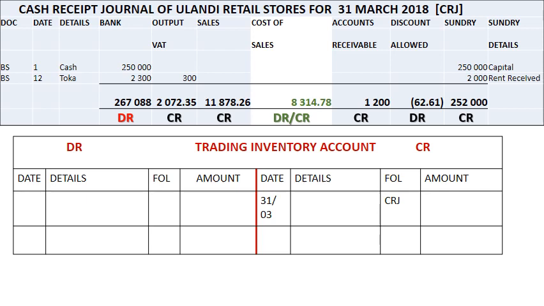Still on the cost of sales column in the CRJ, we are now posting to the contra account of cost of sales, which is the trading inventory account in the general ledger. On the credit side, we reflect the date at the end of March. The contra account for the entry is cost of sales, recorded in the CRJ. Total amount is calculated in the journal.